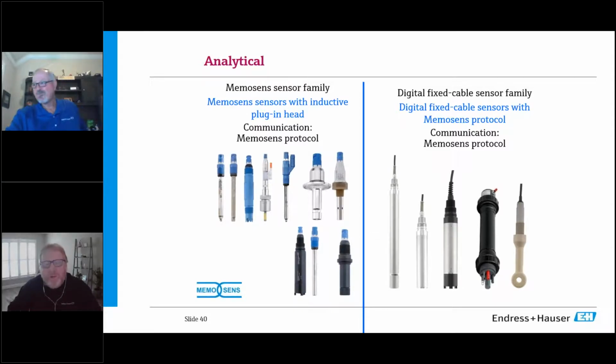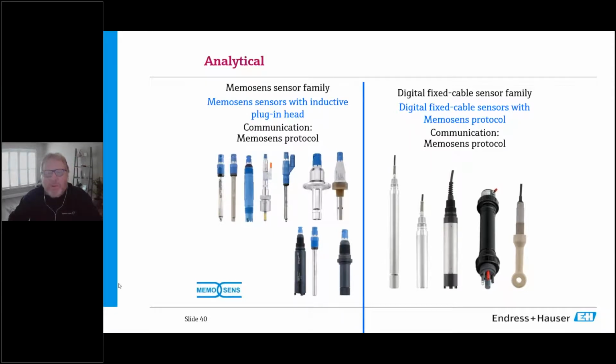So what I wanted to do was just talk to you a little bit about our digital platform. Those of you that have been around a while and can go back years, a lot of the instrumentation, sensors, et cetera, used to be analog, and we still make some analog type devices, but I'm happy to report that all of our sensors in our liquid analytical platform are now digital.